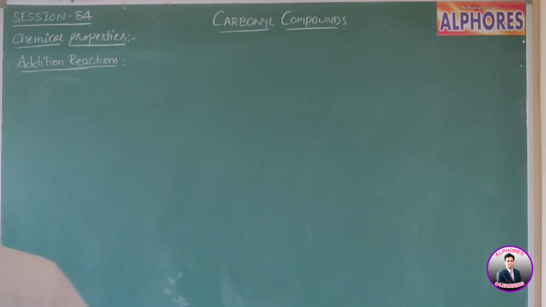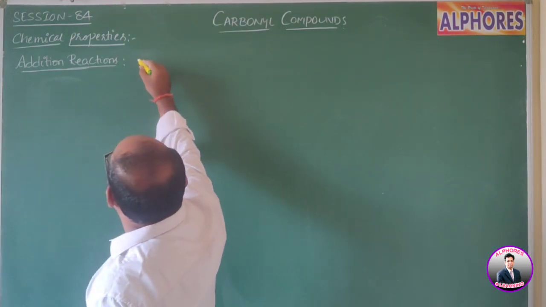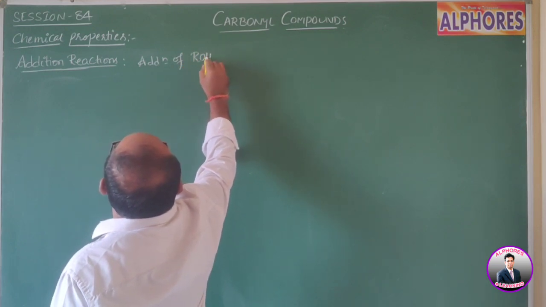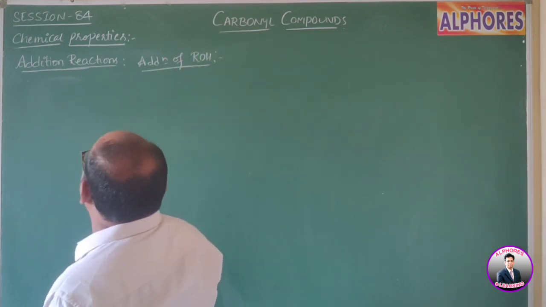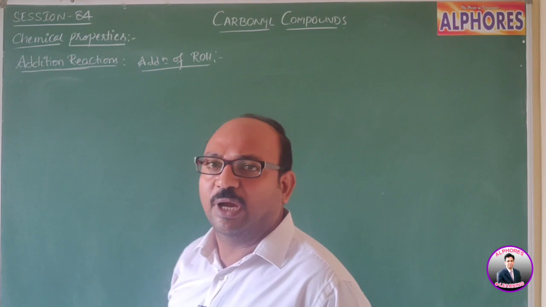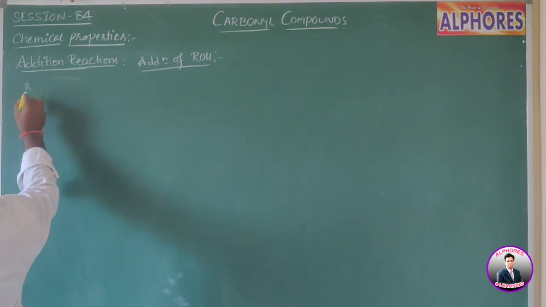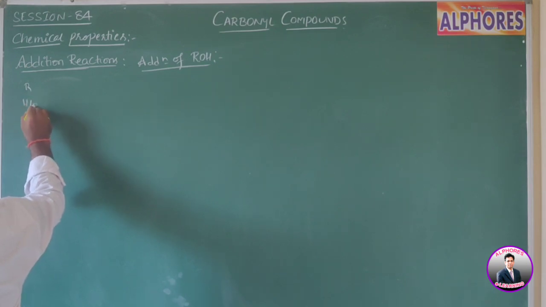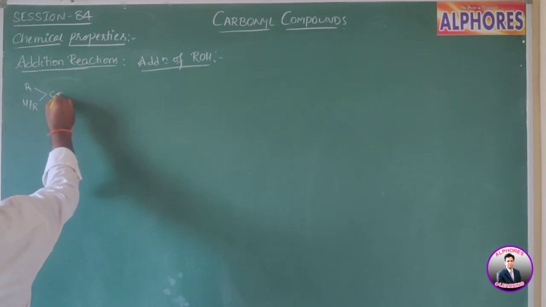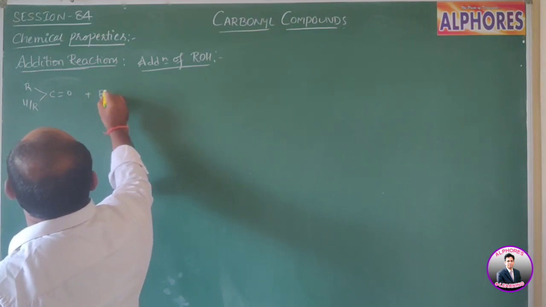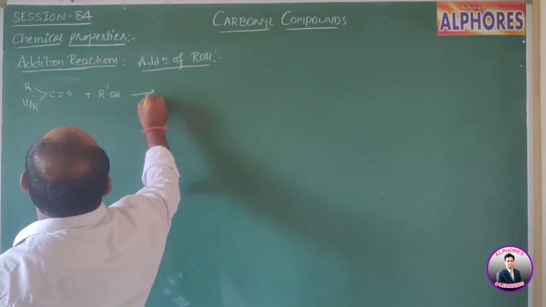Next, addition reaction: addition of alcohols to carbonyl compounds. This reaction is very useful, and let us see how. Consider aldehydes or ketones, R, C double bond O, H, R, R. This one upon reaction with R'OH, an alcohol.